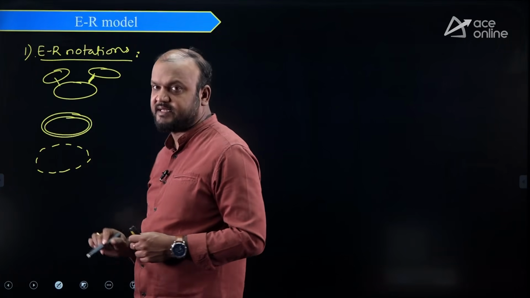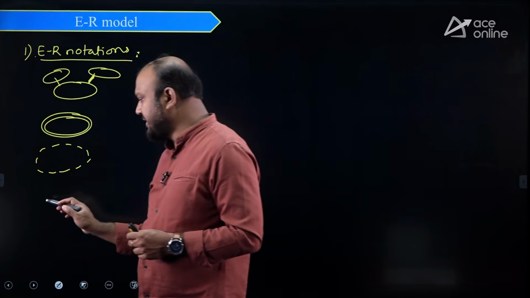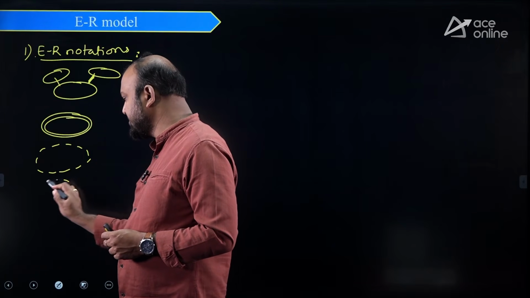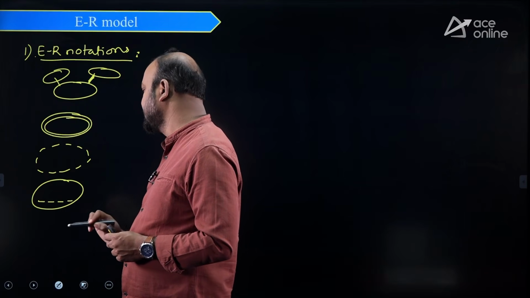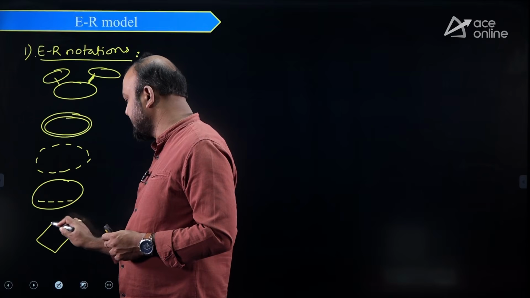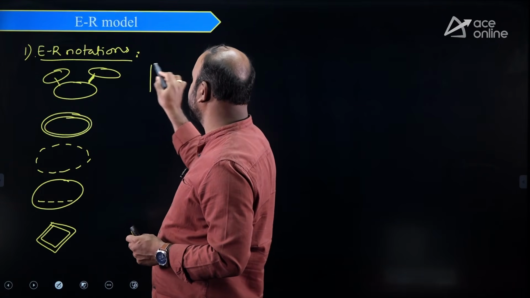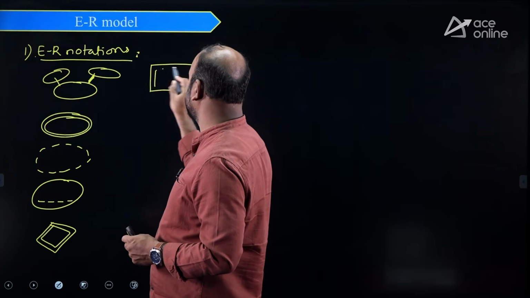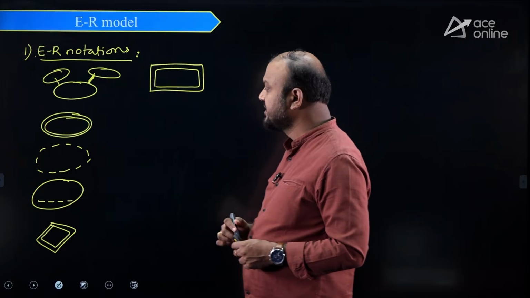These are the special notations I am showing you. And we have a partial key. Partial key is an attribute with a dotted underline, and a weak relationship is a double diamond. Weak entity set is a double rectangle.